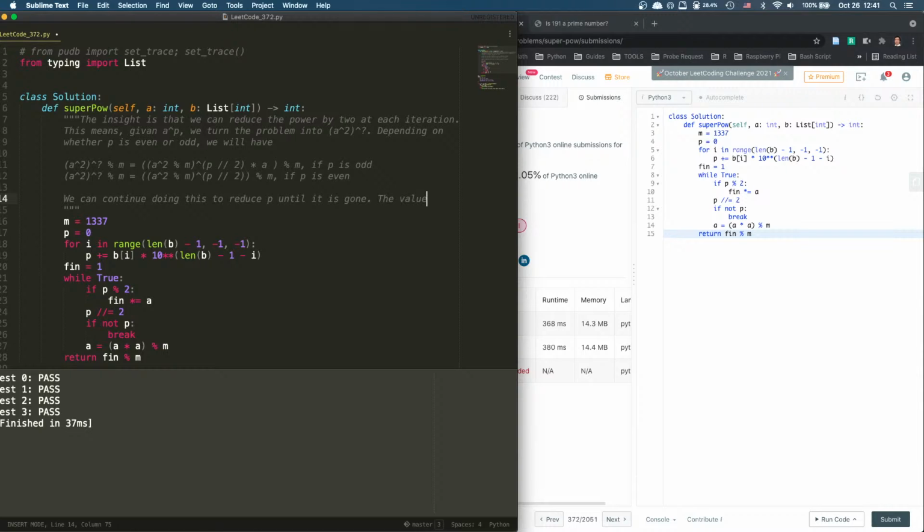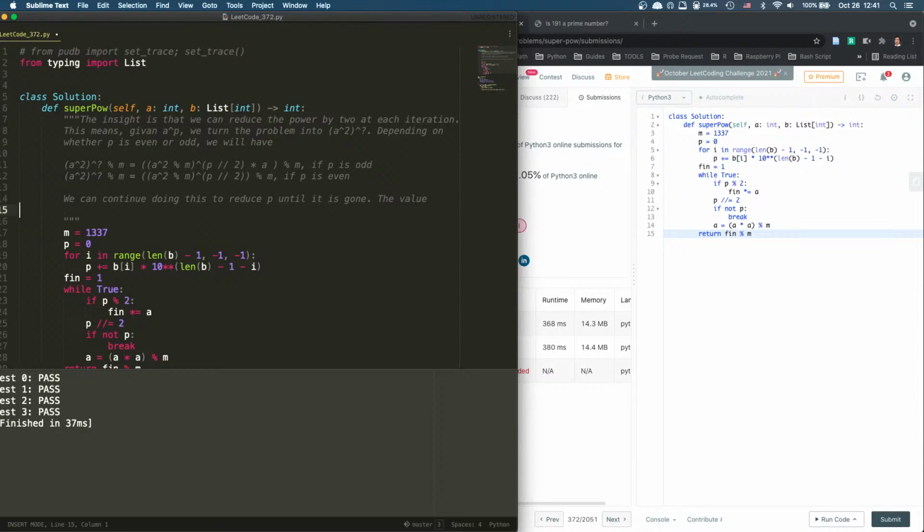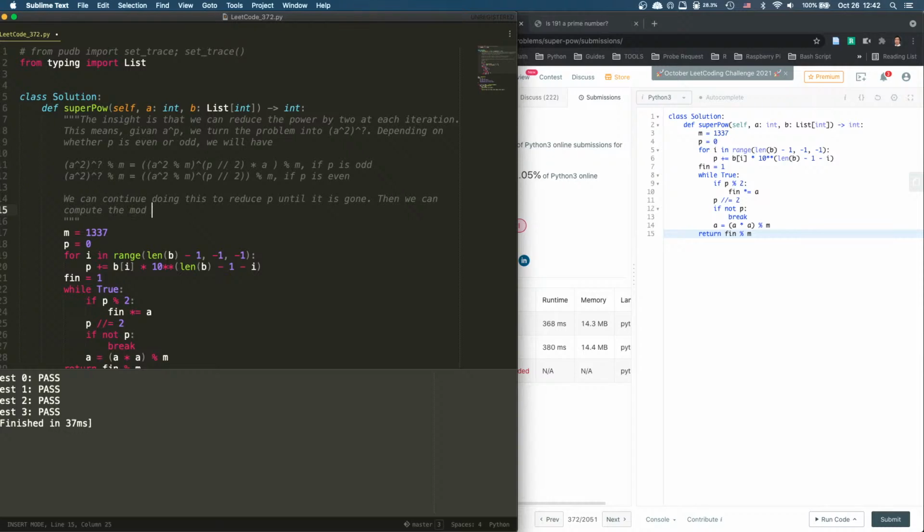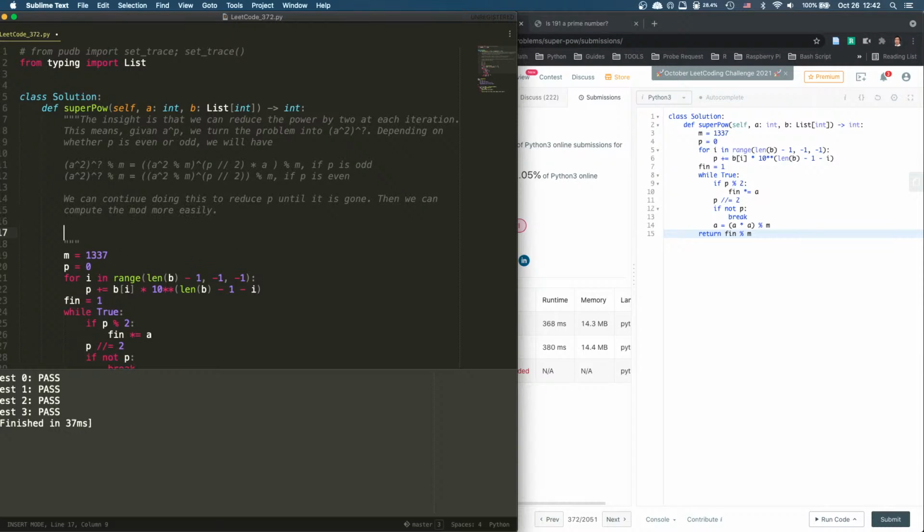The remaining value, and we can just continue to do this to reduce p until it is gone, and then we can compute the mod more easily. So it's O(log p), where p is the total power computed from b.